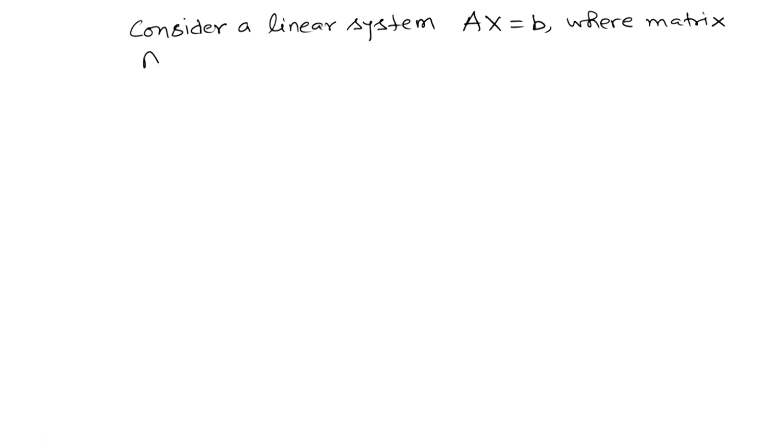Consider a linear system Ax equals b, where matrix A is a square matrix of order n. So we have n equations in n unknowns.